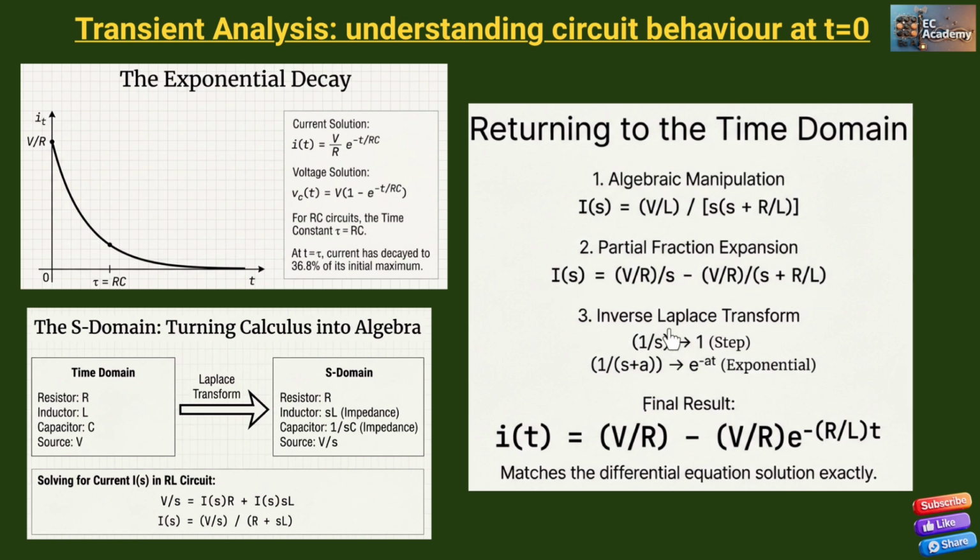Then, we'll take the inverse Laplace transform to get back the time domain result. So this result matches our differential equation solution exactly. So from time domain, we convert to S domain using Laplace transform. Then after calculations, we apply inverse Laplace transform to obtain the time domain equation.